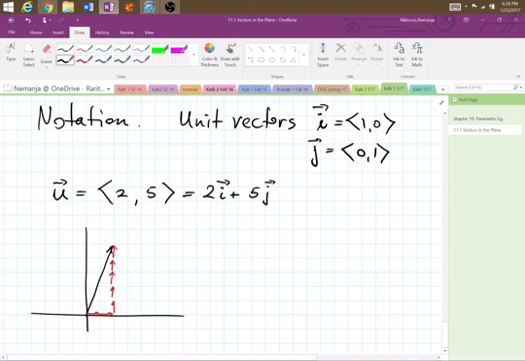It's just the alternate notation. Addition, subtraction, everything else works the way it does in mathematics. i's are added to i's, j's are added to j's, which is just the x direction and y direction. And then scalar multiplication, again, you distribute over the entire thing. So everything works the same way.